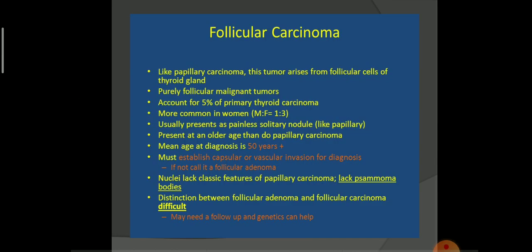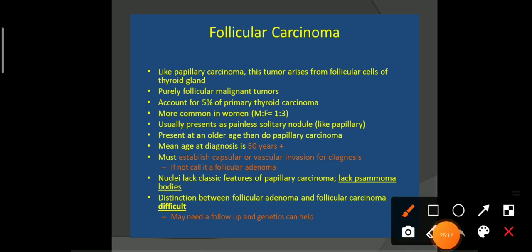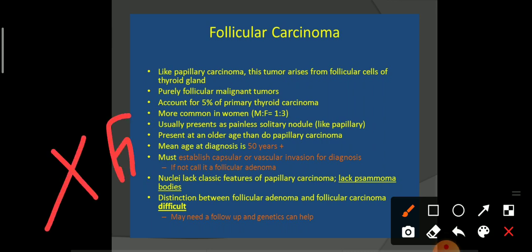Now, follicular carcinoma. As we said previously, the diagnosis of papillary carcinoma includes FNAC, but follicular carcinoma doesn't take FNAC. Okay, and this follicular carcinoma arises from long-standing goiter. It is more common in females above 50 years.